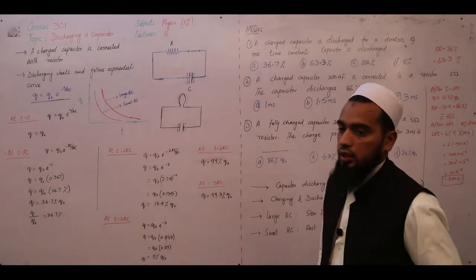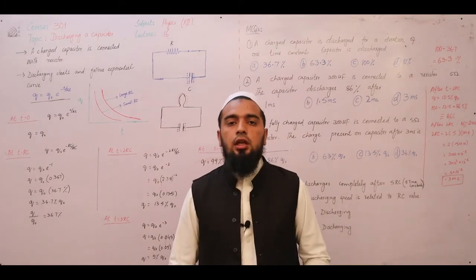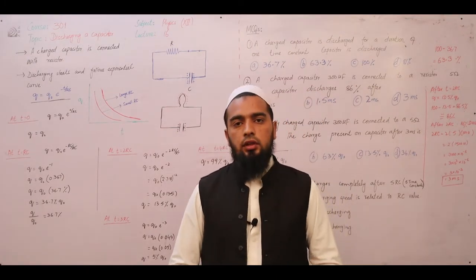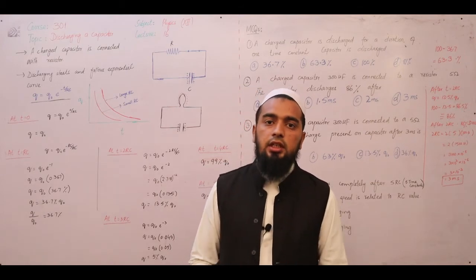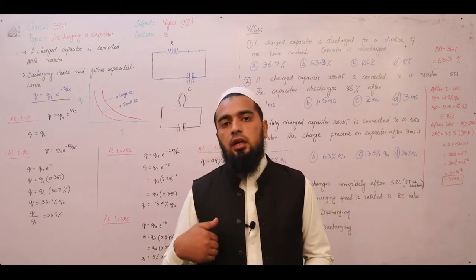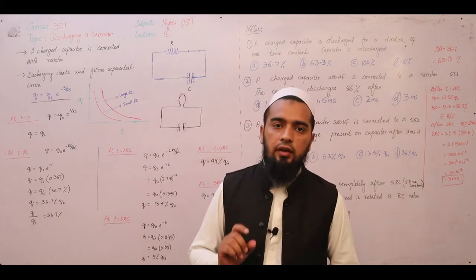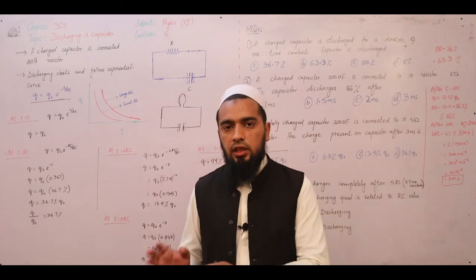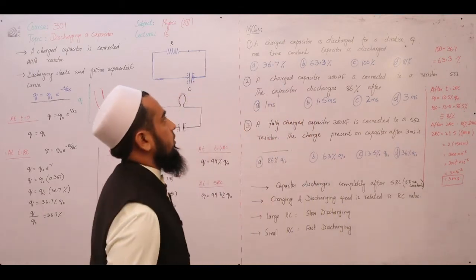Now it's a very important point that we discussed in an earlier video, that after five time constants the capacitor is completely discharged. If you are going to charge it, it is completely charged. So it needs 5 time constants to charge a capacitor completely or to discharge it completely.